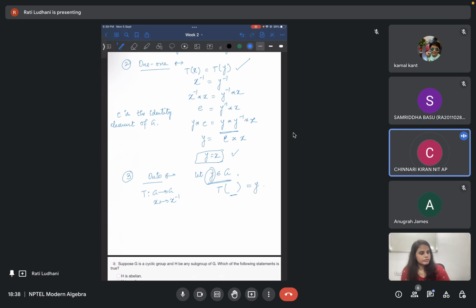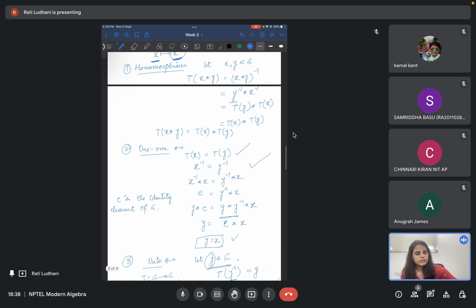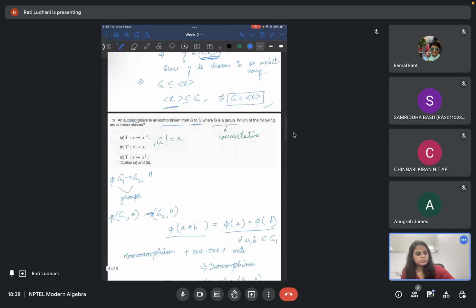Y inverse. Very good. Because when you map y inverse, t of y inverse is equal to the inverse of y inverse, which is exactly y. So you have a pre-image also, right? So this is onto, this is 1-1, and this is a homomorphism. So this is true.